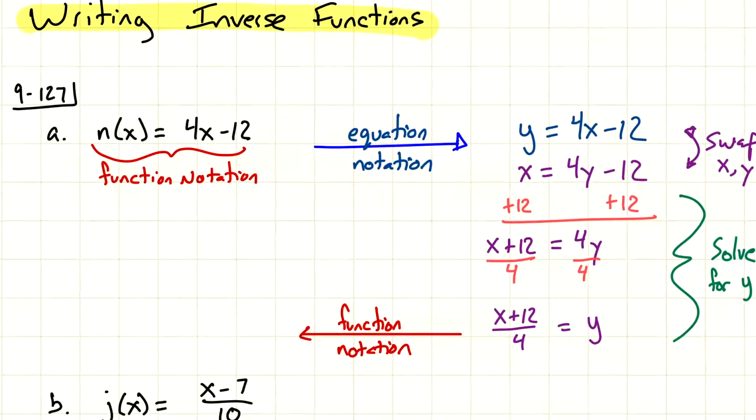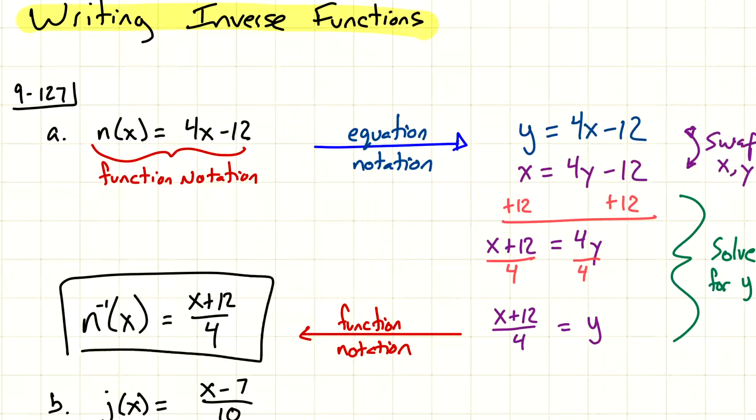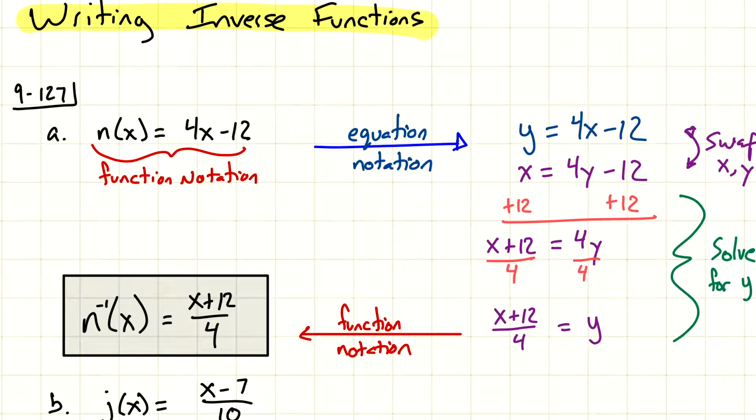All right, so what does that mean? Really, it just means to replace the y. So now I will have an equation that looks like, instead of n of x, it's going to be the inverse function. So we're going to put that little minus 1. And it's going to equal x plus 12 over 4. All right, so now we have the inverse.